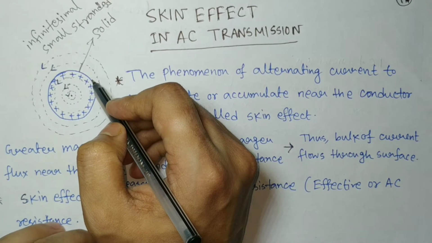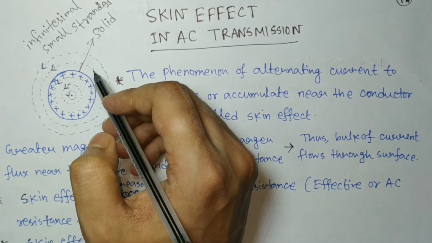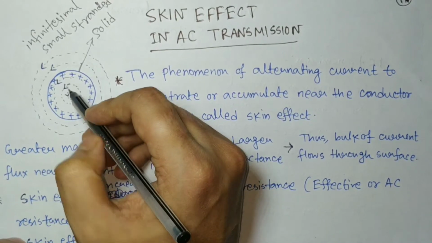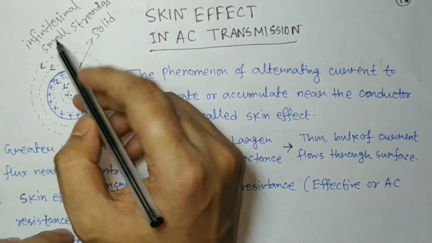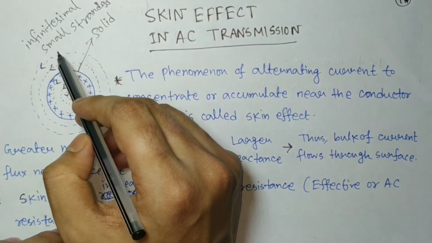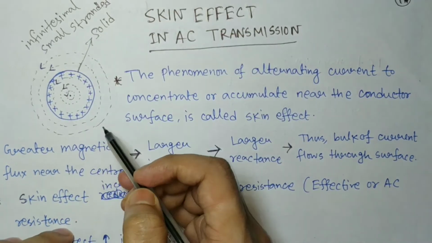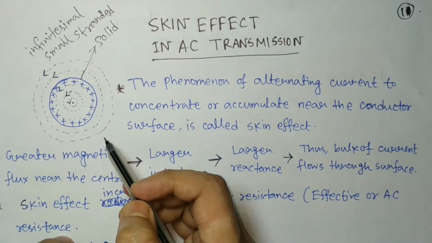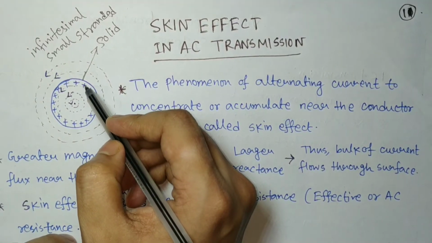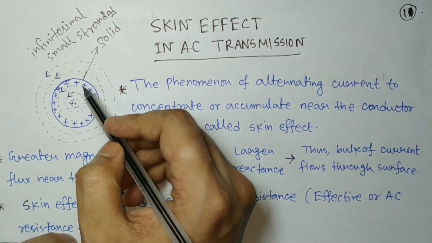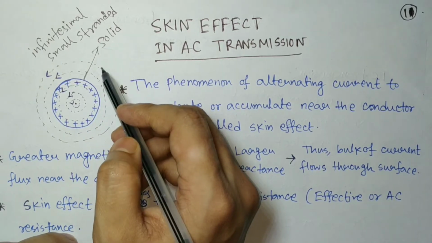Now theoretically, that solid surface can be interpreted as the combination of infinitesimally small stranded conductors. It is just a theoretical concept: because it is solid, we can say it is made of infinitesimally small stranded conductors.